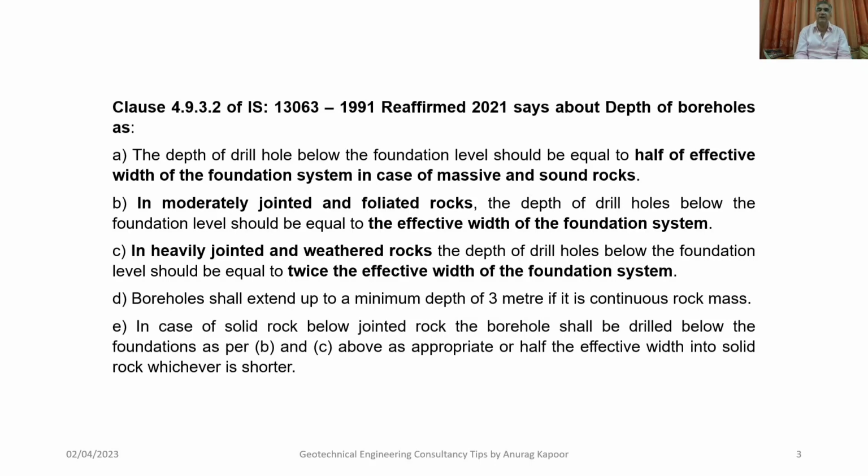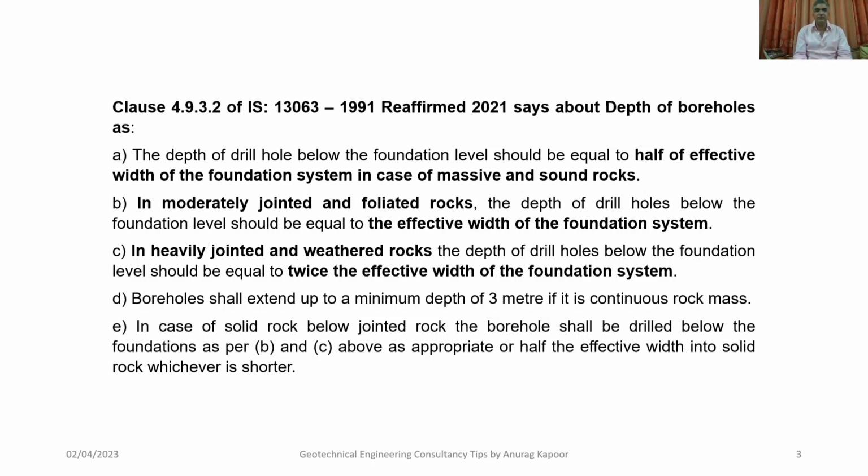If it is heavily jointed and weathered rock, the depth of the borehole below the foundation level should be at least equal to twice the effective width of the foundation system. That is, the investigation depth is increasing as the rock quality is deteriorating.